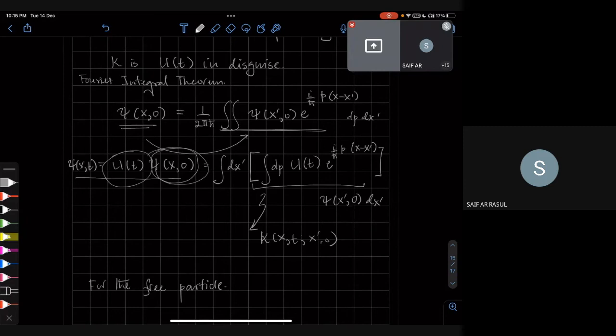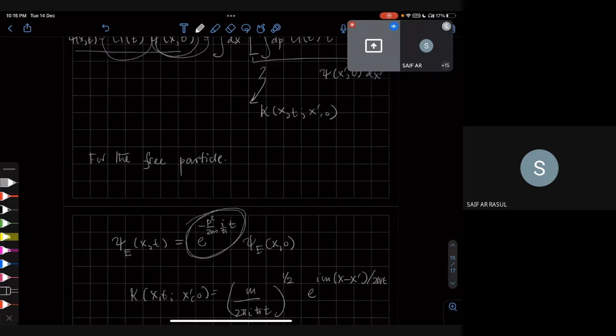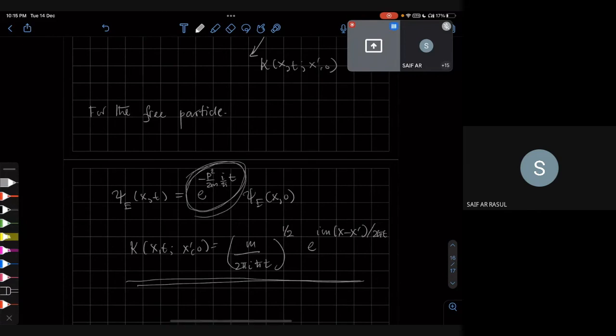Actually, I can prove it without the energy eigenstate, because here I wrote this as e to the power energy, but if I wrote it as e to the power minus i by h bar, the free Hamiltonian times t, this didn't have to be the energy eigenstate. This can be any general state.